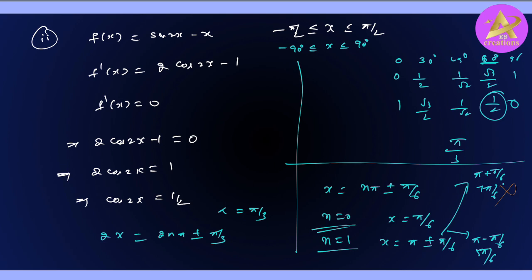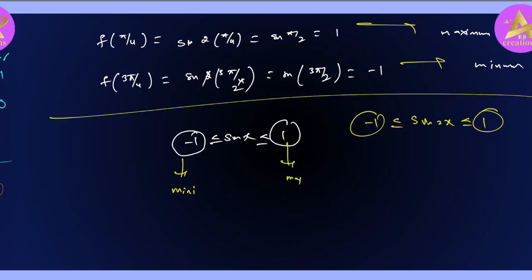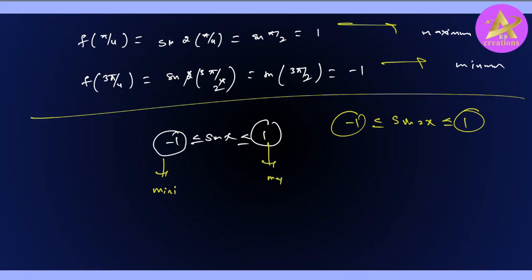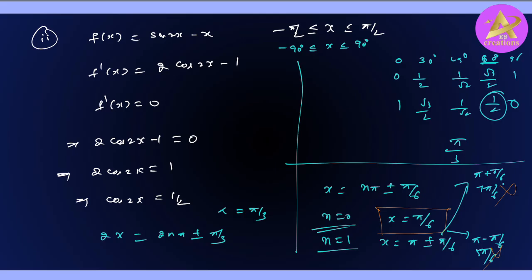And 5 pi by 6, 30 degree into 5, 150 degree, which is also greater than 90 degree, so it is also not possible. Then there is only one point, that is x equal to pi by 6. I will erase this part.